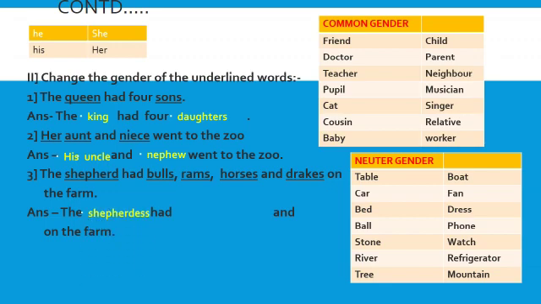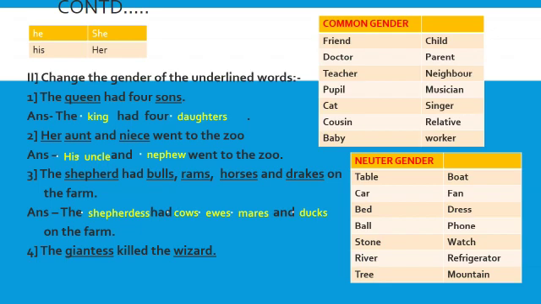Shepherd becomes shepherdess, bulls become cows, rams become ewes, horses become mares, and drakes become ducks. So the shepherdess had cows, ewes, mares, and ducks on the farm. Fourth one, the giantess killed the wizard.